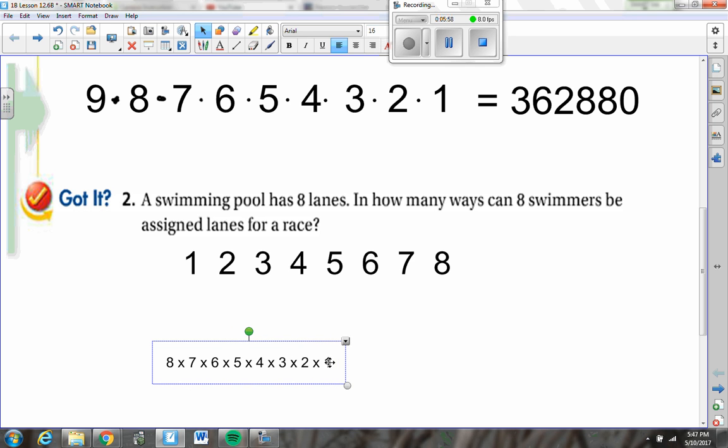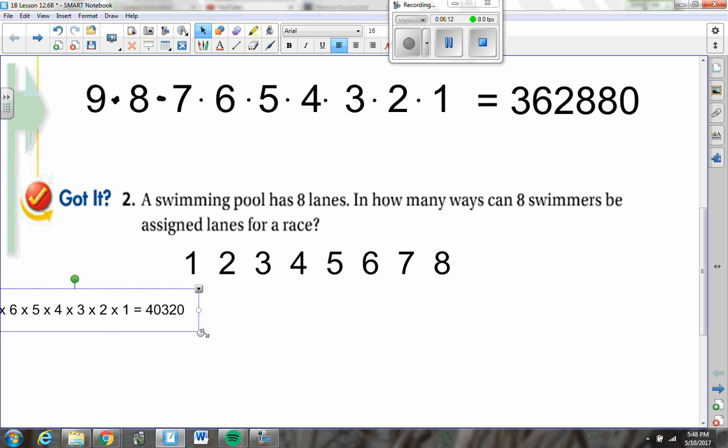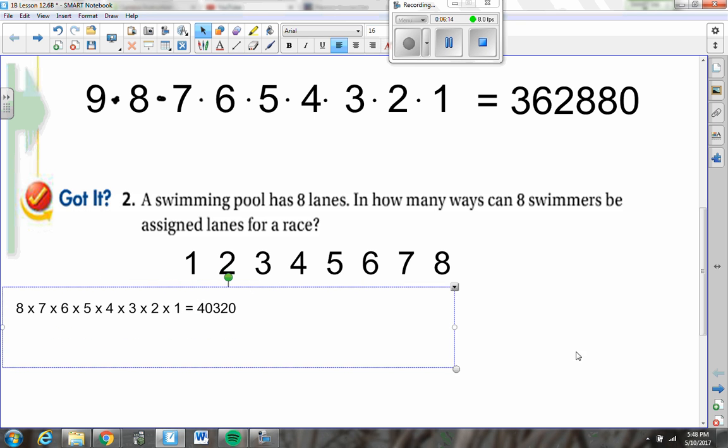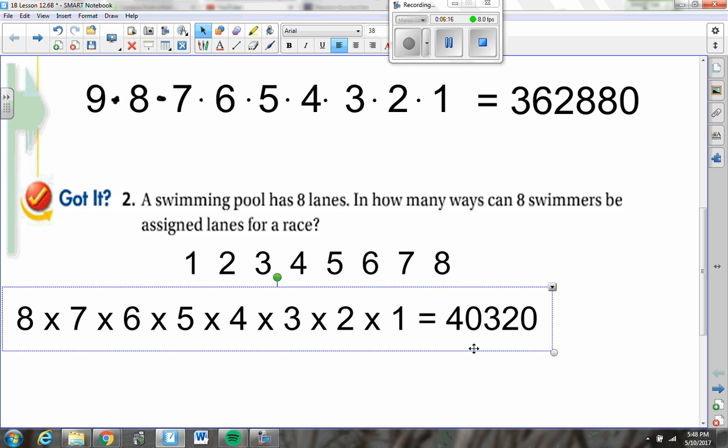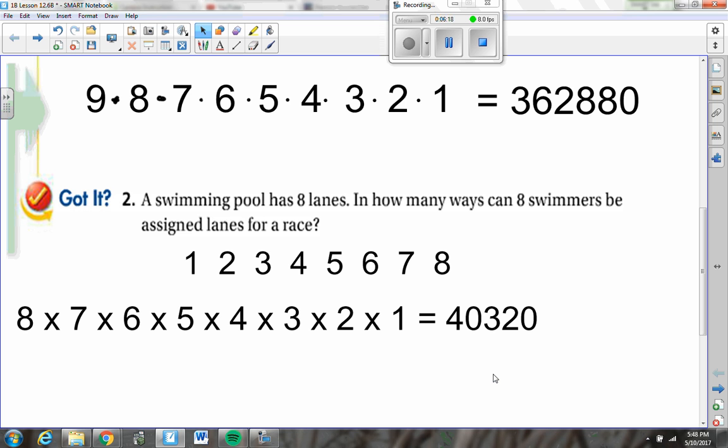What do I end up with? Some other big number. 40,320. So there are 40,320 different ways to arrange those 8 swimmers in those lanes.